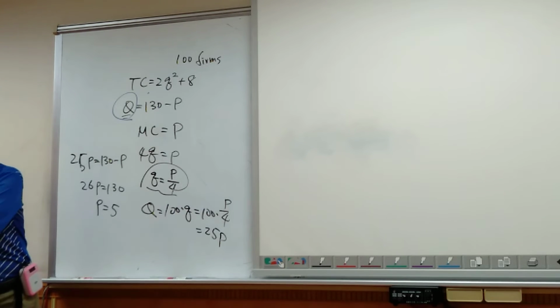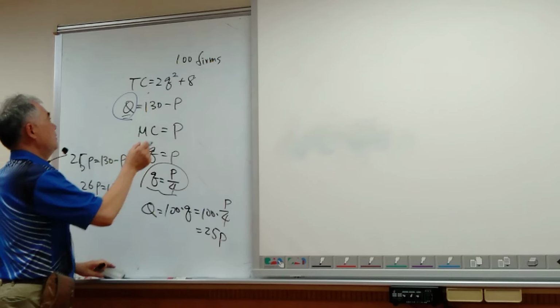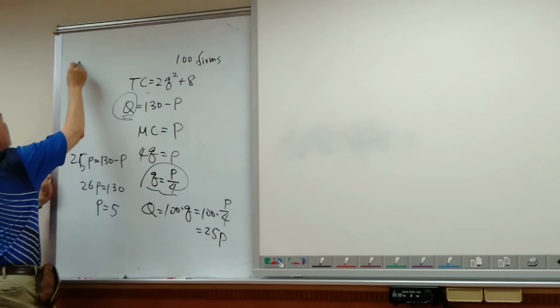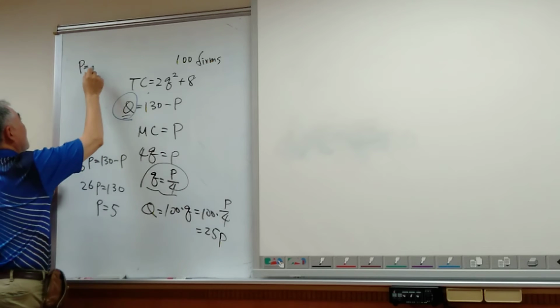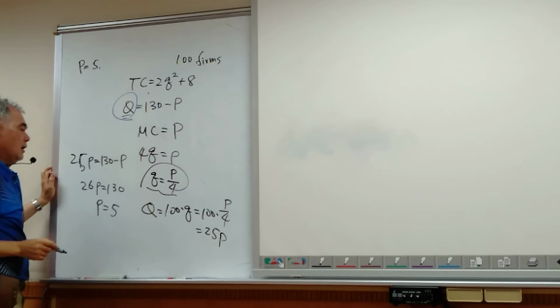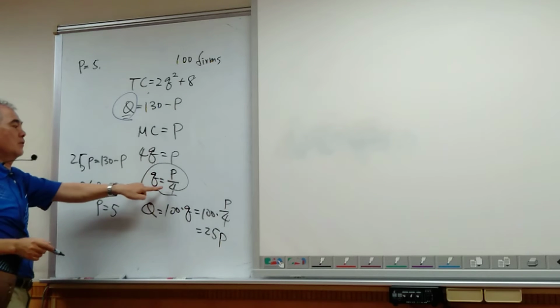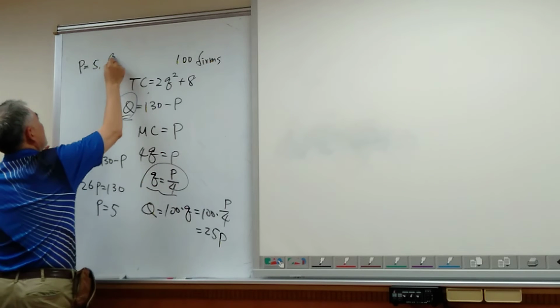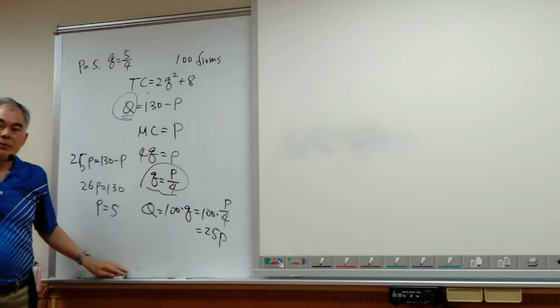Any questions? And then the second part, producer surplus in the short run. So let me put down here, P is equal to 5. And then what about q? q is equal to 5 over 4, right?